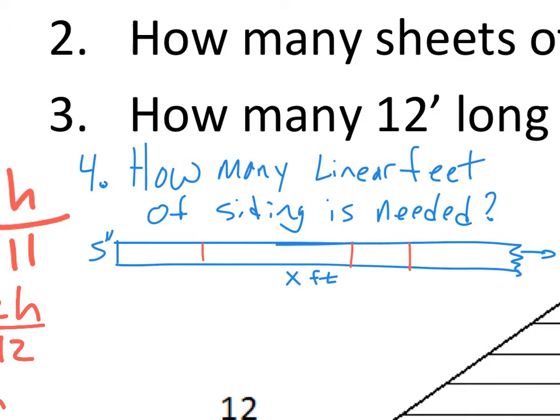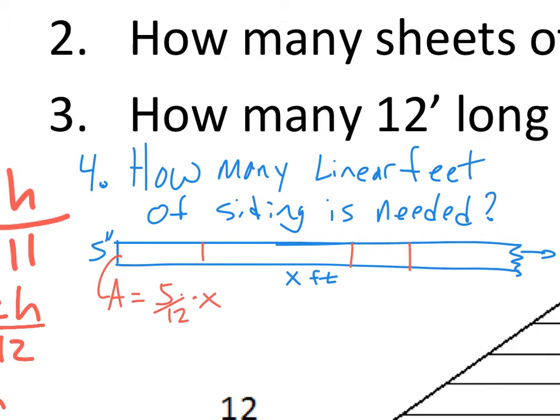And we want to make sure that we have enough area in all those pieces to cover the side of the house. And so the way we do this is we can say the area here is 5 times x, actually it's 5/12 times x square feet. Okay, so it's 5/12 feet, because I'm going to change it to feet, times x.